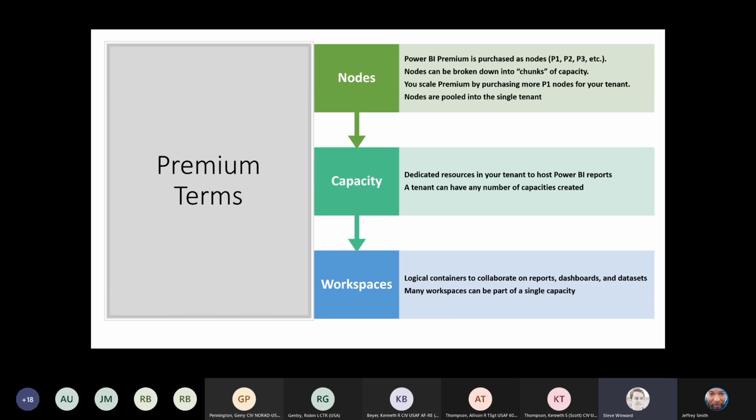For example, if AFMC wanted their own dedicated capacity, they could put reports in there, and people rendering those reports do not affect the performance of other capacities inside of Air Force. That's an important thing to keep in mind with premium. Jeffrey already touched on workspaces, but workspaces can very easily be assigned to premium capacity, and you can move them throughout different premium capacities as well. It's really easy to do that inside of Power BI. Let's go to the next slide, Jeffrey.